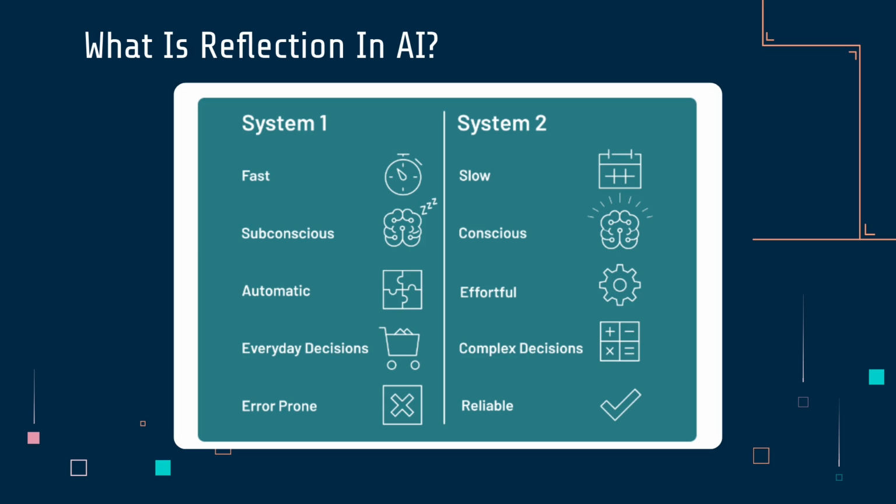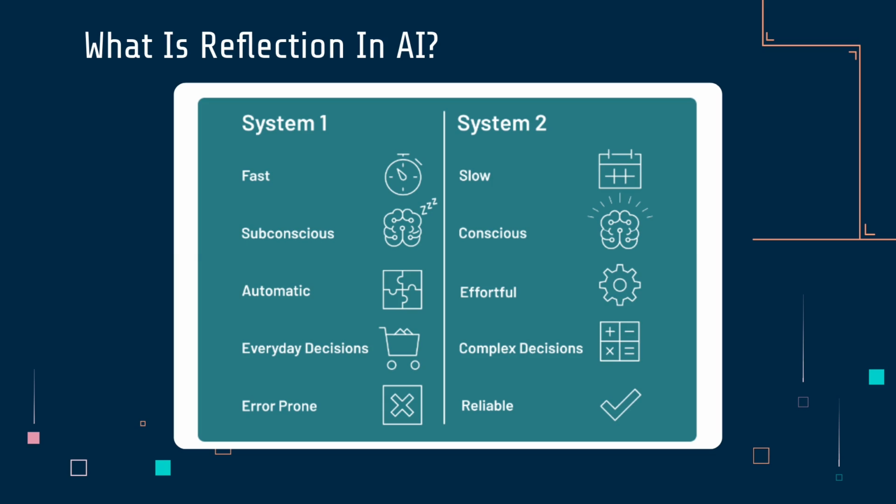Again, credit to the LangChain blog. In such an architecture, System 1 does all the creative and instinctive thinking, while System 2 does the reflection parts of the thinking of the architecture.